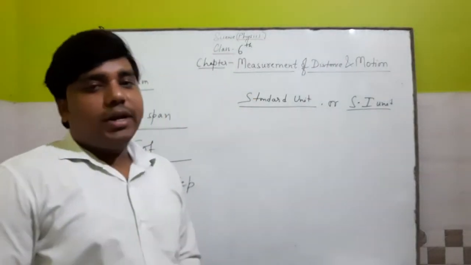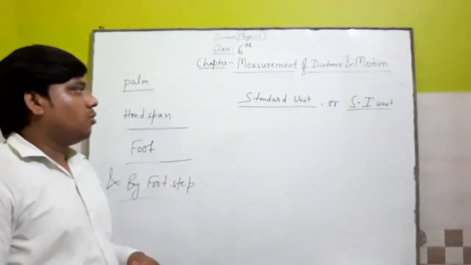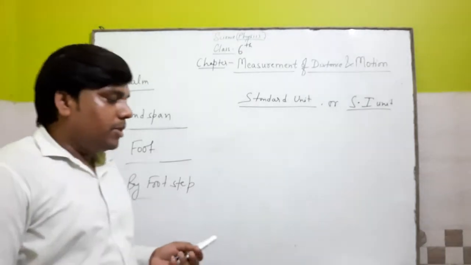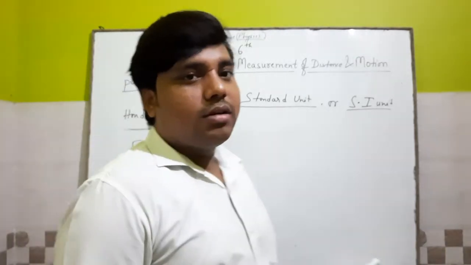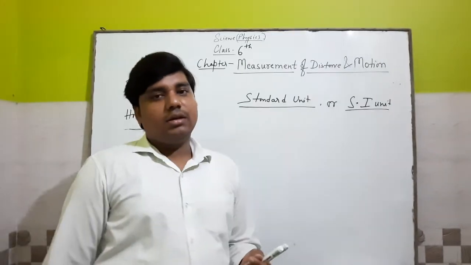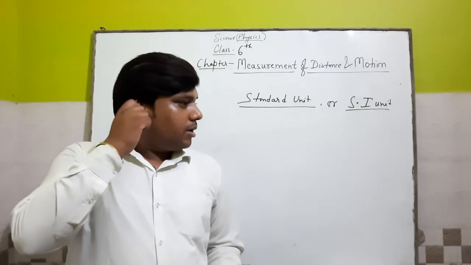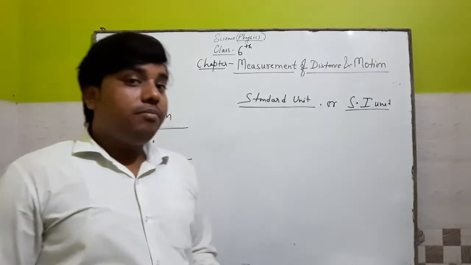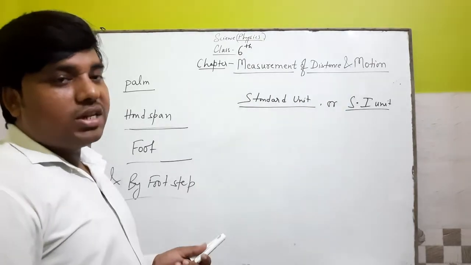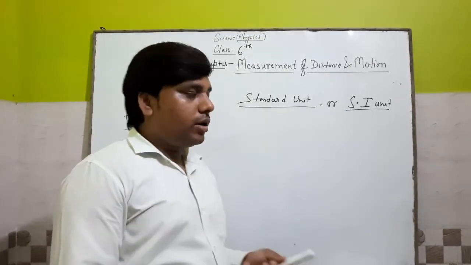In standard unit we have to know meter, centimeter, kilometer, decimeter, these are standard units. But for the measurement of length or distance, the standard or SI unit is what?